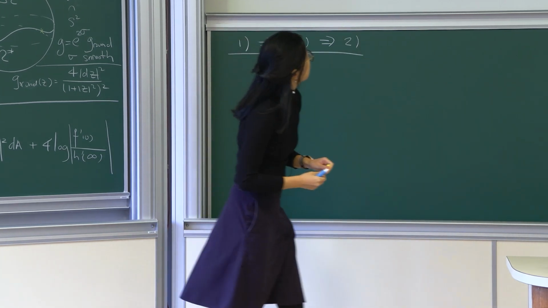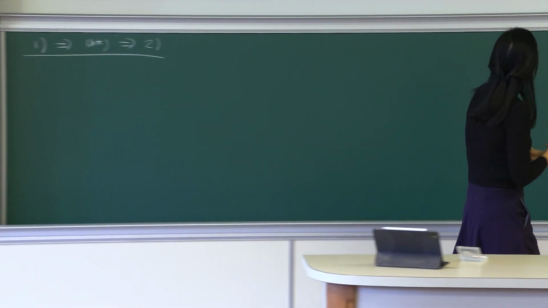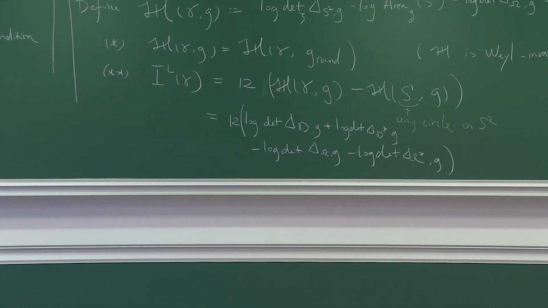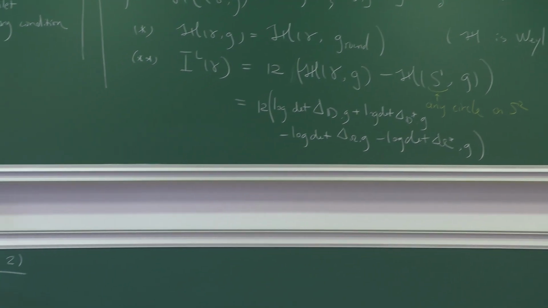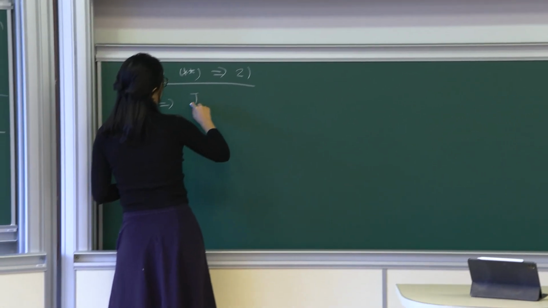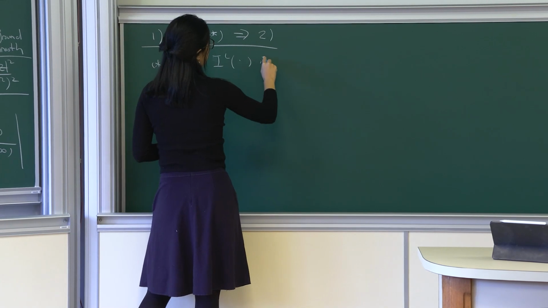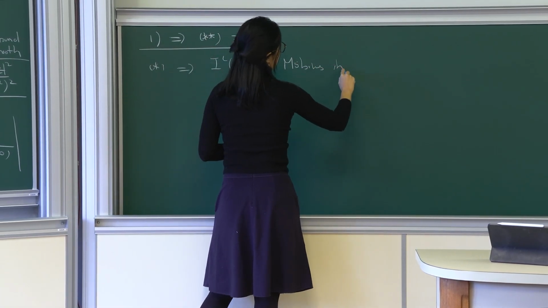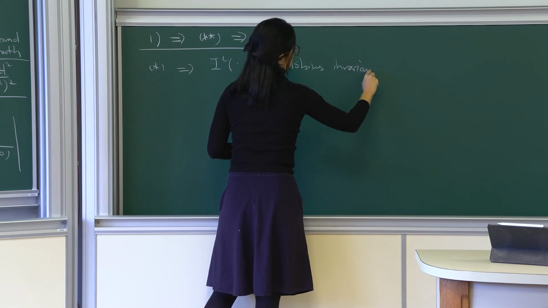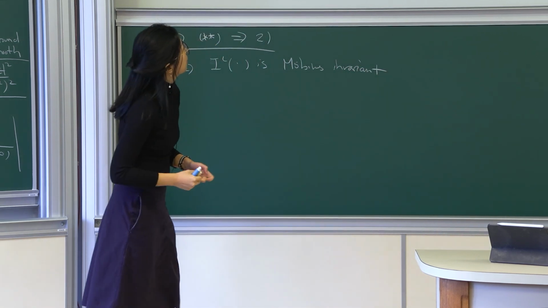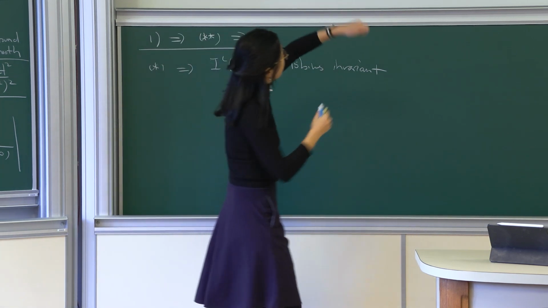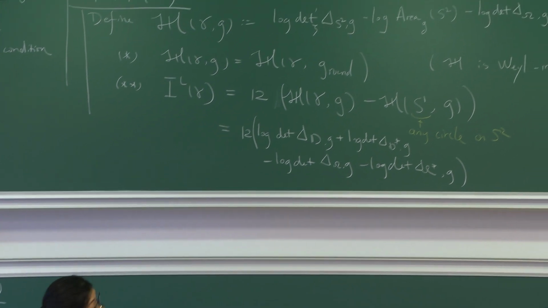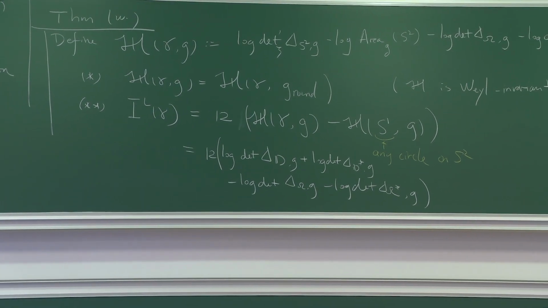Also, if you notice the star equation here, this will tell me that the Loewner energy is again Möbius invariant. If I change my metric, applying a Möbius transformation to the sphere, then it would amount to multiplying my metric by a conformal factor, a smooth function.